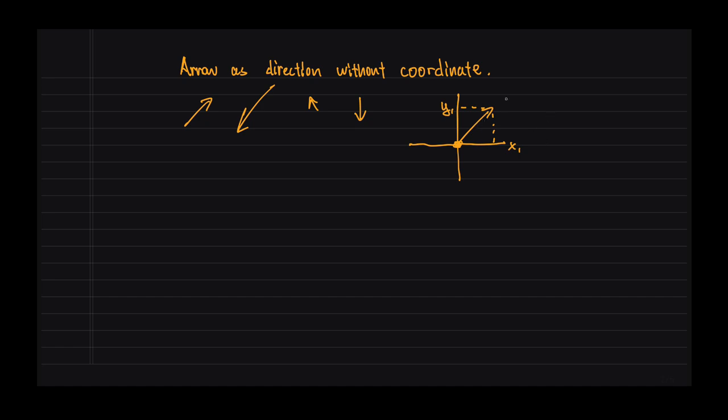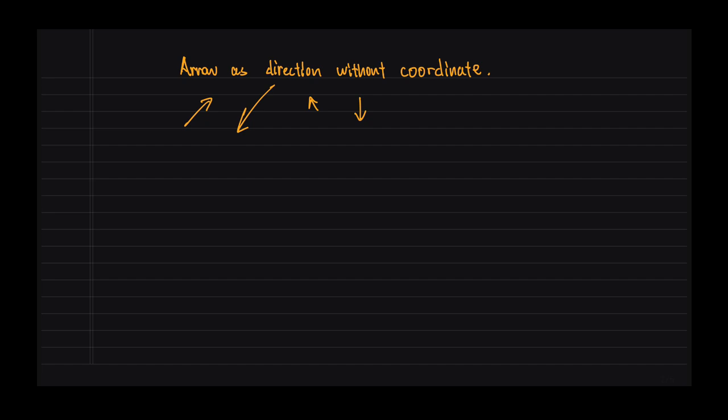We will consider this arrow and this arrow the same as long as they point in the same direction and have the same length, even though they don't have the same starting point. So we will try to describe direction without coordinates. But without coordinates, how can we describe direction?